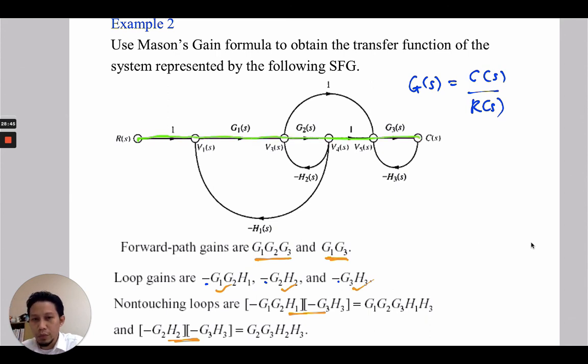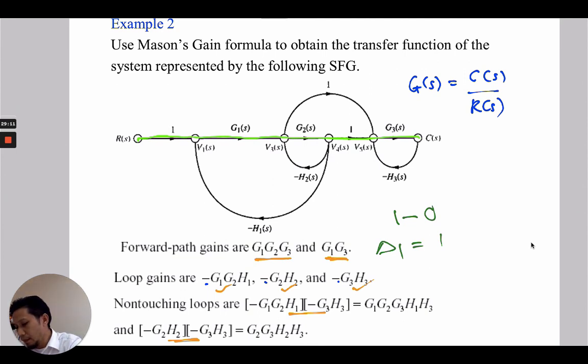Can you find a loop that does not touch the forward path? No, right? The formula is 1 minus the loops that do not touch the forward path, which is nothing here. So we have delta 1 equal to 1.